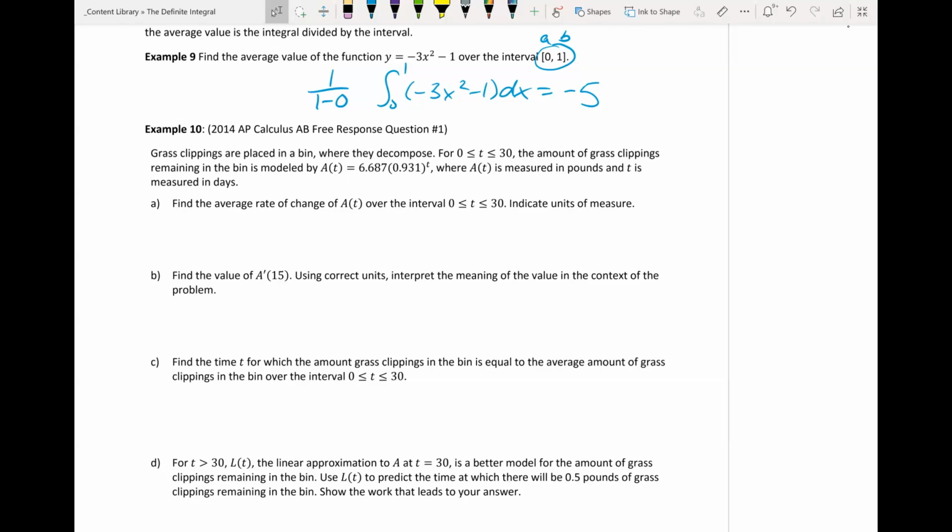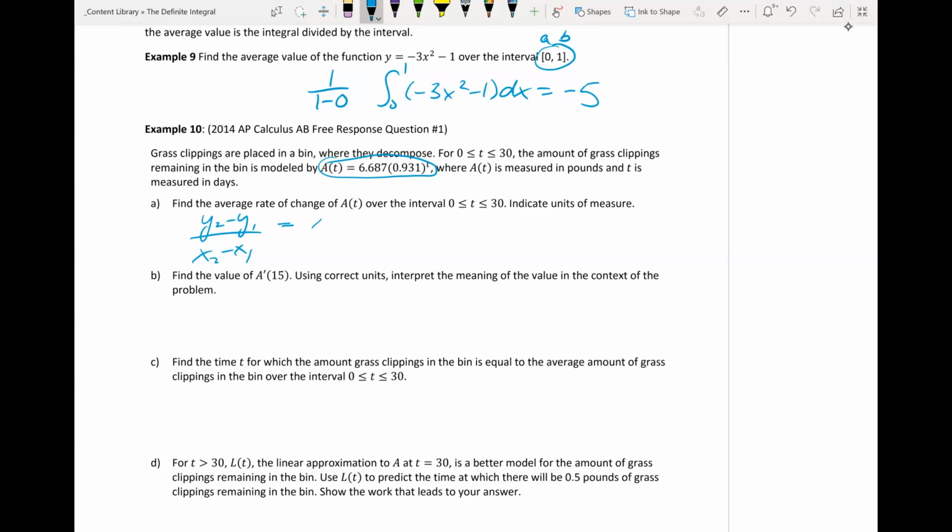And then for example 10, this is an old AP Calculus exam question. We want to find the average rate of change of A of t, which we were given. This is the amount of grass clippings remaining in the bin, and A of t is in pounds and t is in days. If you want to find the average rate, this is just y2 minus y1 over x2 minus x1.